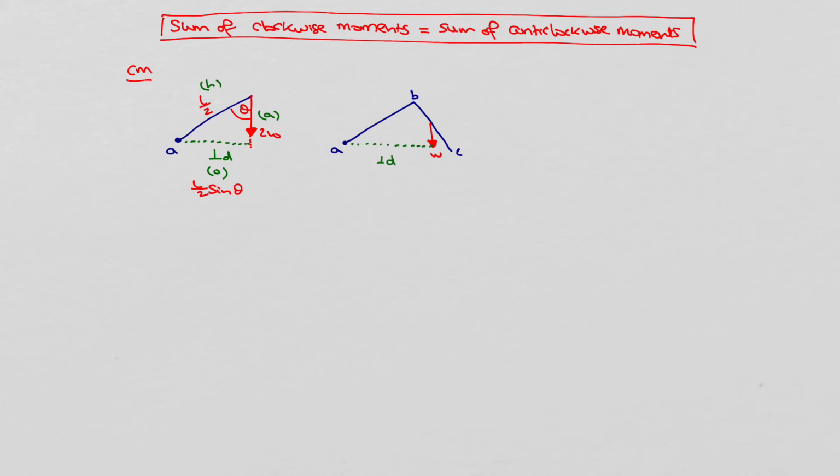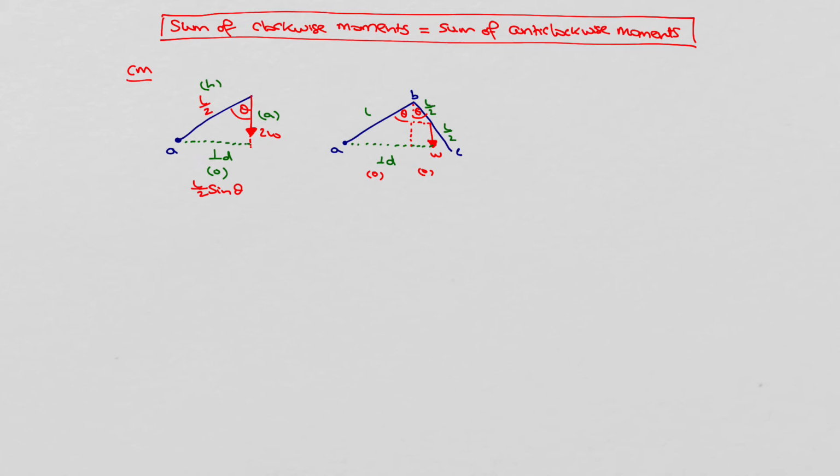If I break that triangle down into two parts, what we have here is theta, and this angle here is also theta. So this is going to be the opposite, and this side will also be the opposite. So that's h, which is L, and then this triangle here will be L over 2 and L over 2.